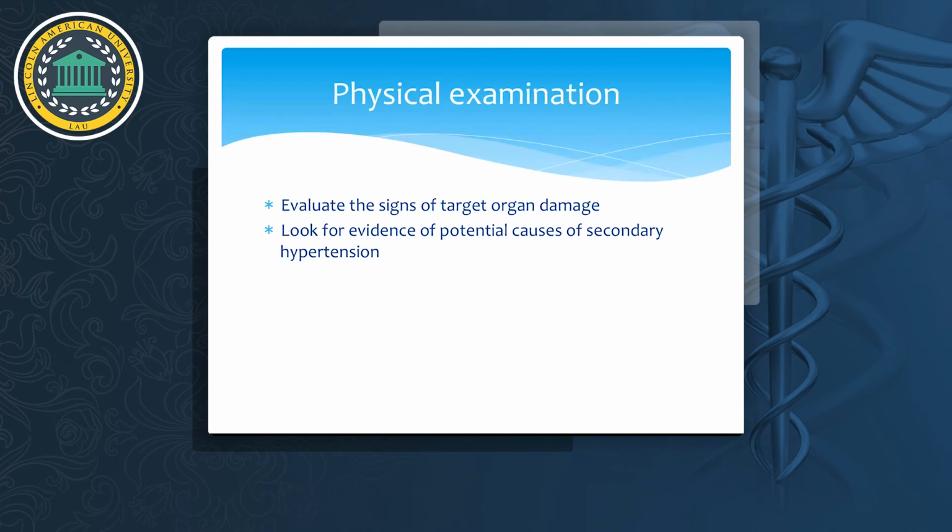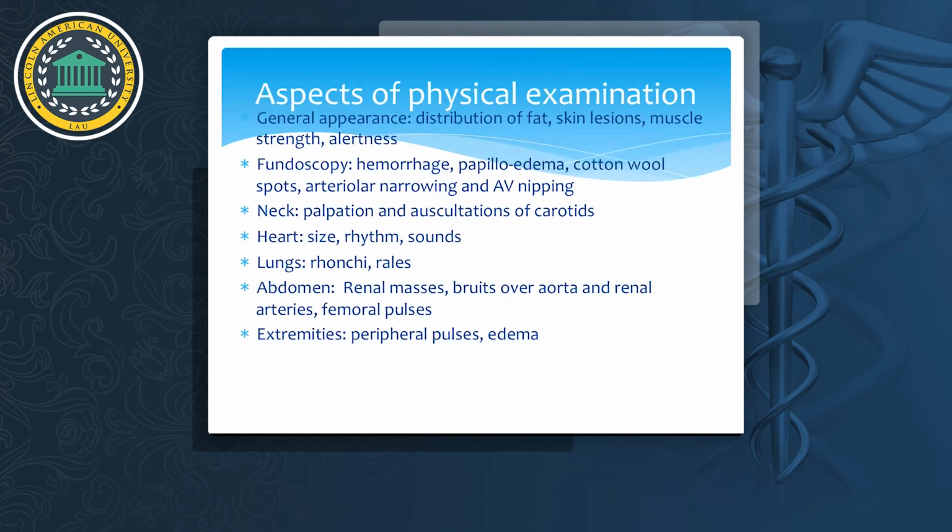Physical examination: you have to evaluate for signs of target organ damage. We discussed target organ damage, what these are, and look for evidence of potential causes of hypertension. So, aspects of physical examination: general appearance, distribution of fat, skin lesions, muscle strength, alertness might give a hint about secondary hypertension. Fundoscopy: hemorrhage, papilloedema, cotton wool spots, arteriolar narrowing and AV nipping.